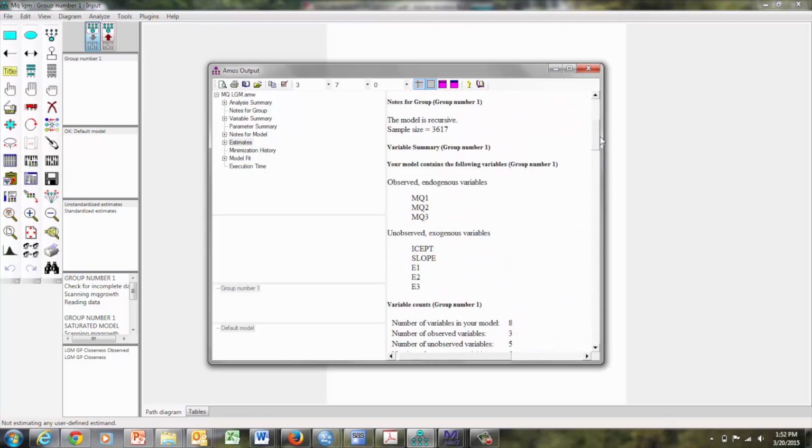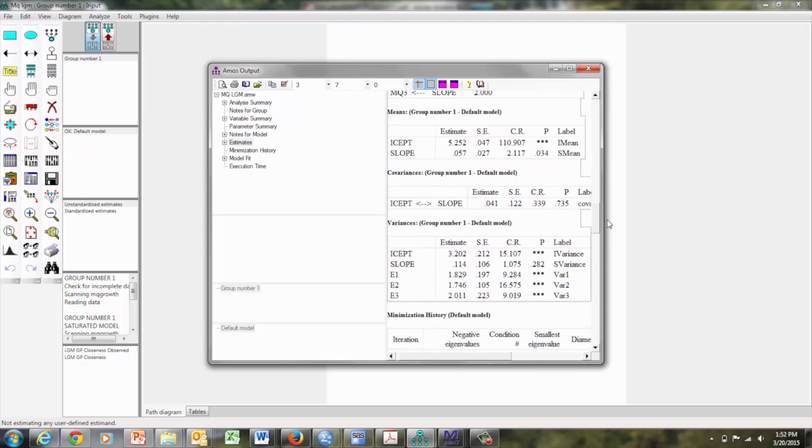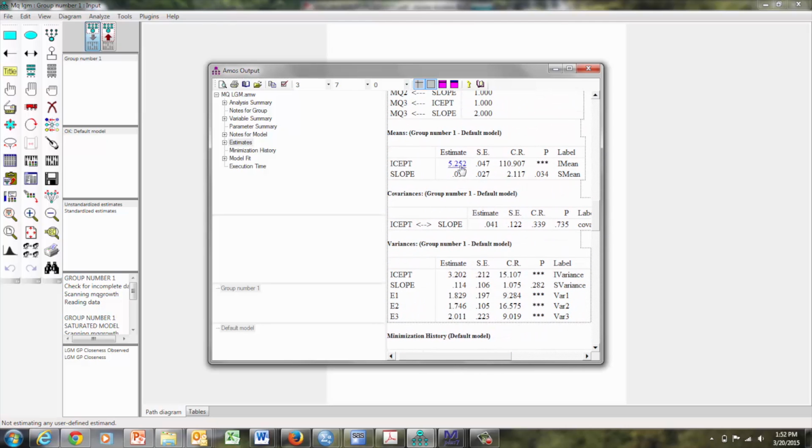And let's see, here's my mean for my intercept, 5.25, with a slope of 0.057. That's a positive slope. And these are both statistically significant, meaning the intercept is different from 0, no big surprise. The slope is also different from 0, going in an upward fashion.